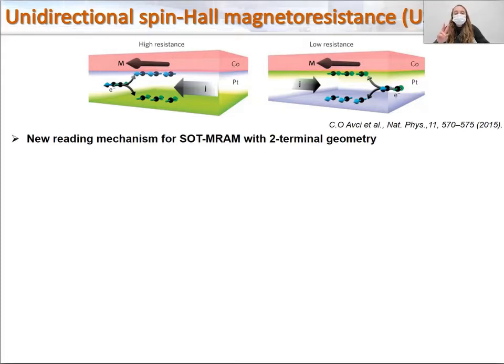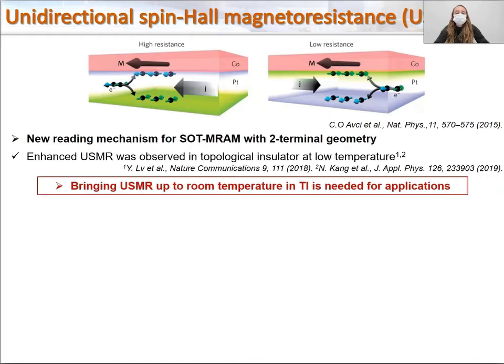And the second is unidirectional spin-Hall magnetoresistance, USMR, in which, depending on the relative direction between the spin accumulation and the magnetization, the system holds a high and a low resistance state. So while conventional SOT devices suffer from a three-terminal geometry, this USMR effect can be used as a new reading mechanism for developing a novel type of SOT MRAM with a two-terminal geometry.